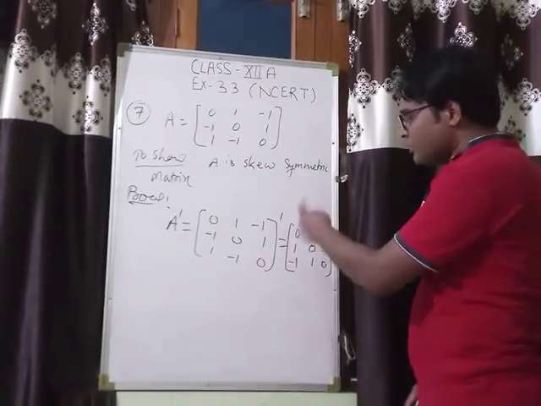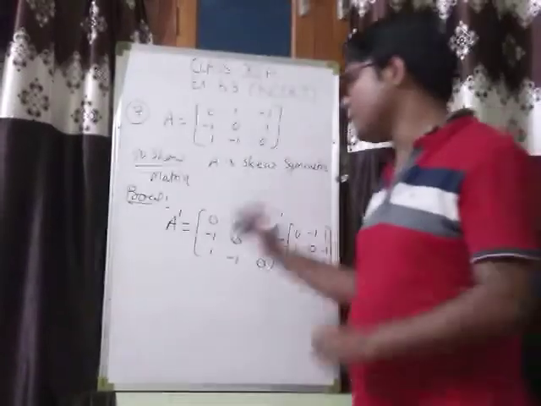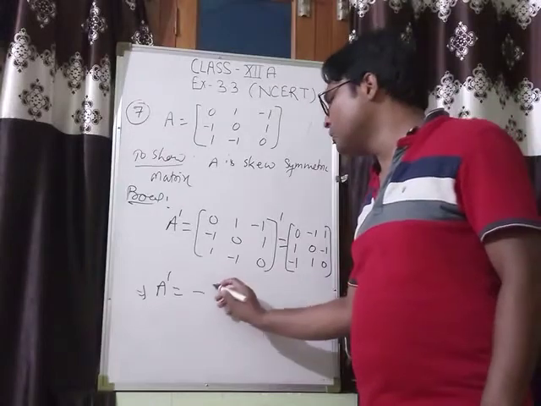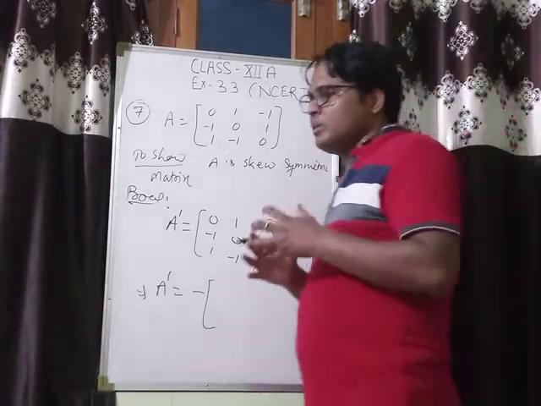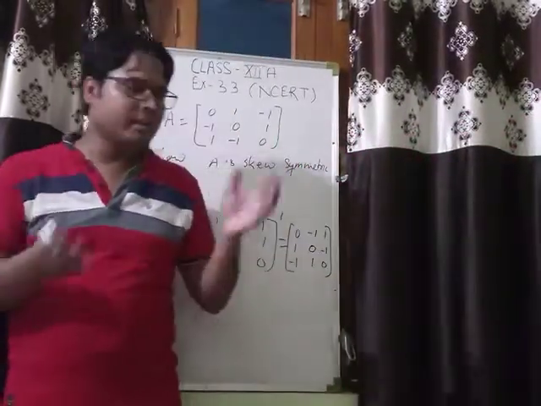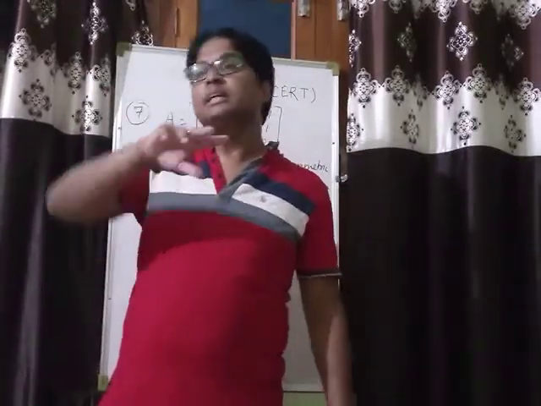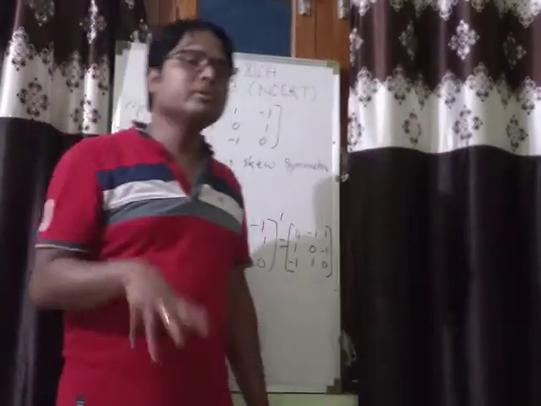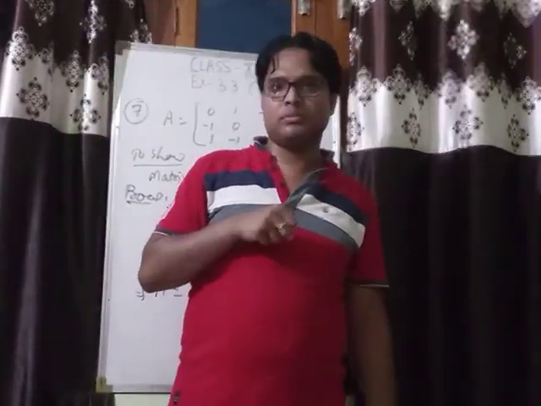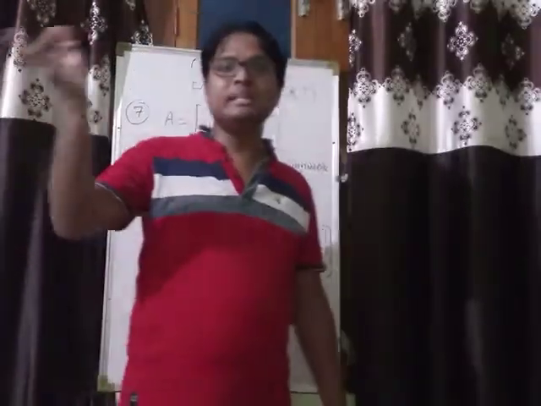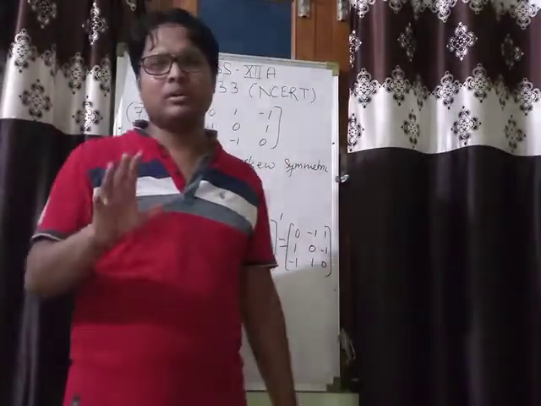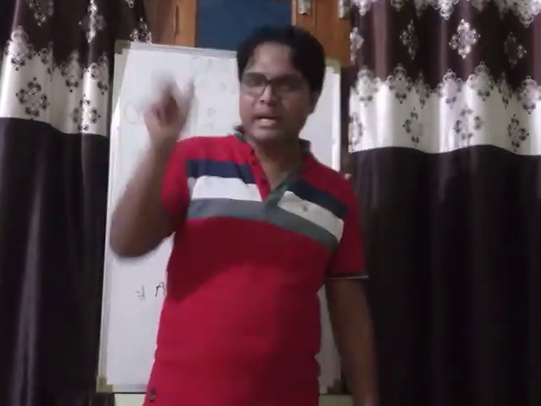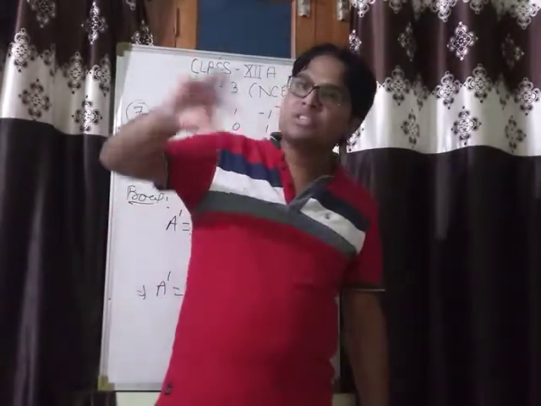Take minus 1 common from this matrix. A transpose is equal to taking minus 1 common. We know that when we multiply a matrix by a scalar, each entry is multiplied by that scalar. So when taking a common factor out of a matrix, it should be from each entry.